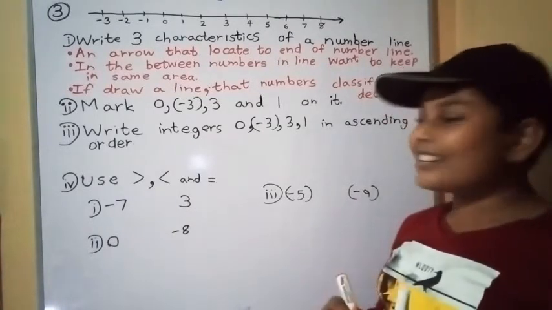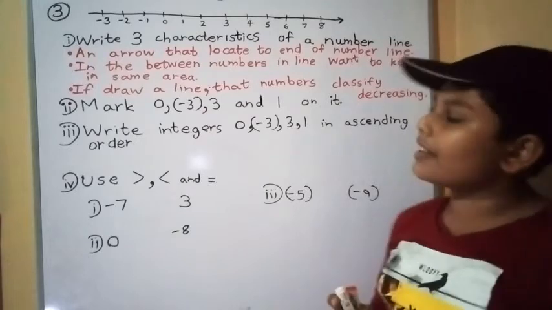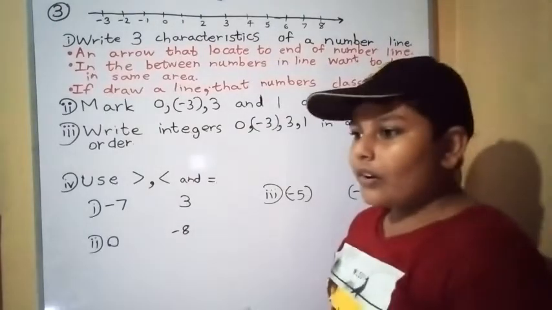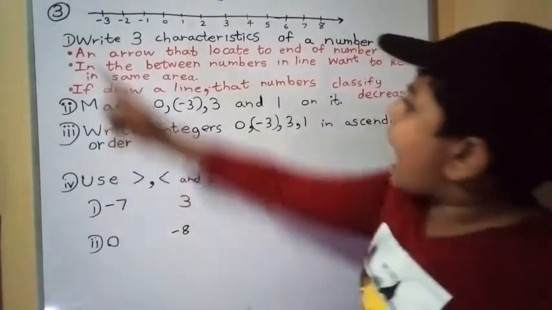Now these are the 3 characteristics of the number line. I explained these characteristics now.